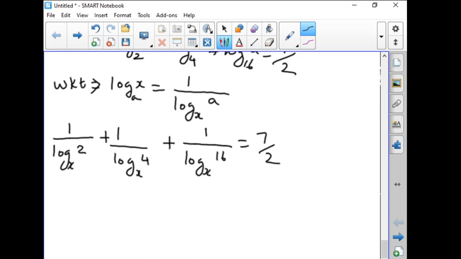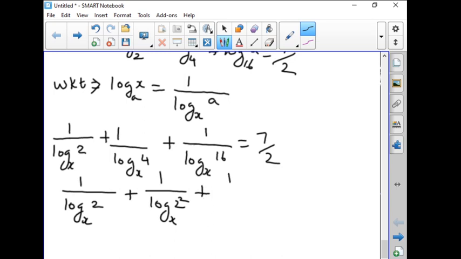So this is 1 by log 2 to the base x as it is. And what about the denominators? 4 can be written as 2 square to the base x plus 1 by log 16, which can be written as 2 power 4, because 16 is 2 into 2 into 2 into 2, to the base x is equal to 7 by 2.